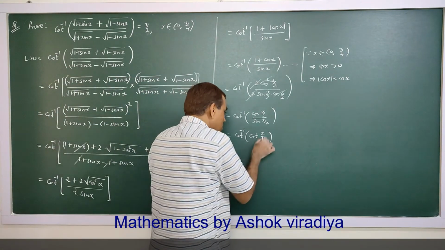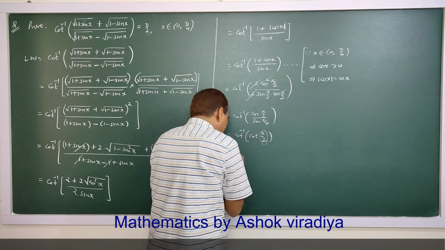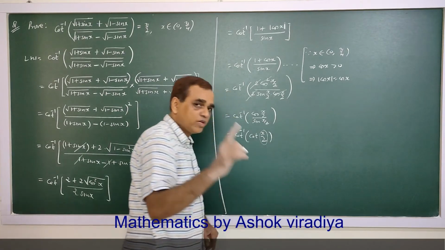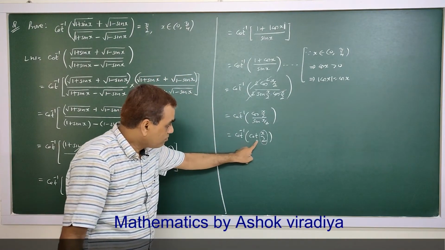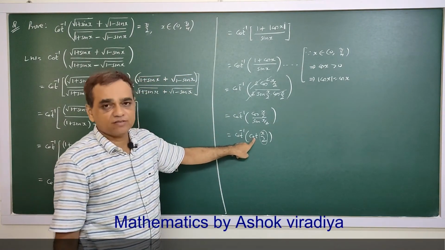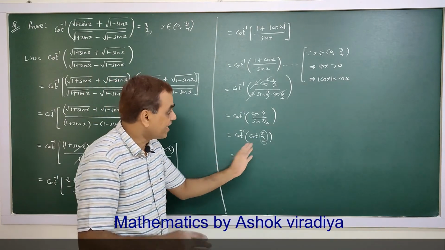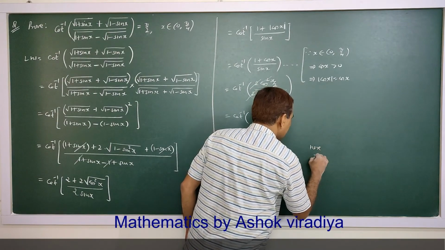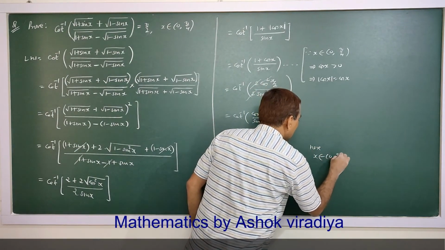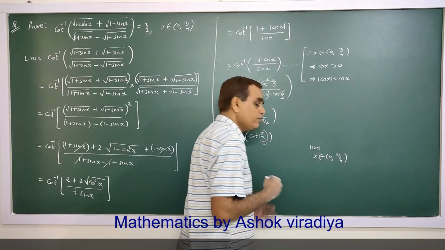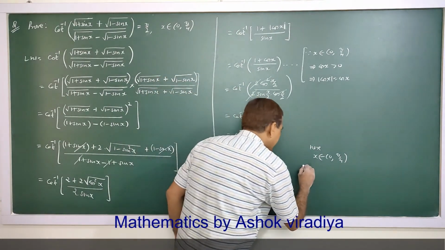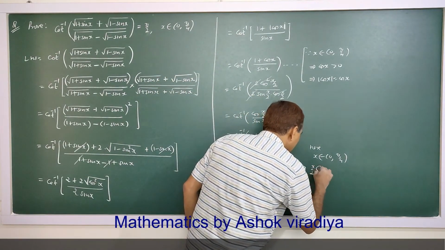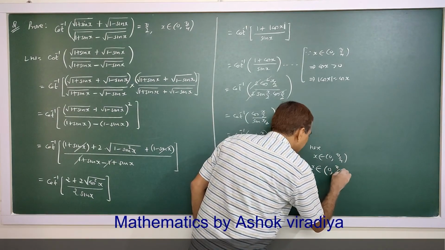Now cot inverse cot x by 2 is x by 2 if x by 2 belongs to the domain of cot. So let us check inside. Here x belongs to 0 to pi by 4, it is given. So x by 2 belongs to 0 to pi by 8.